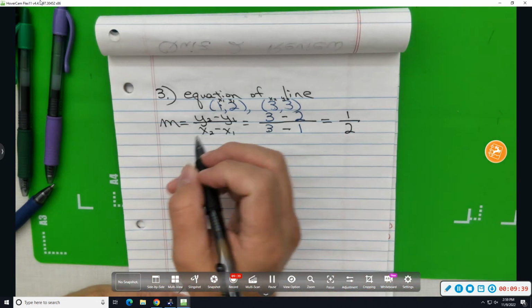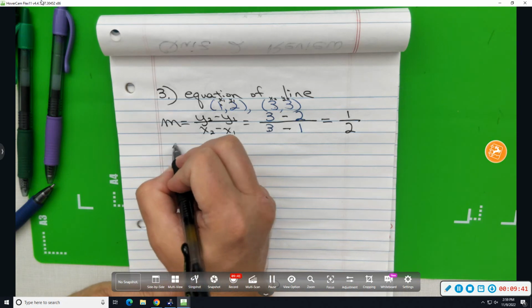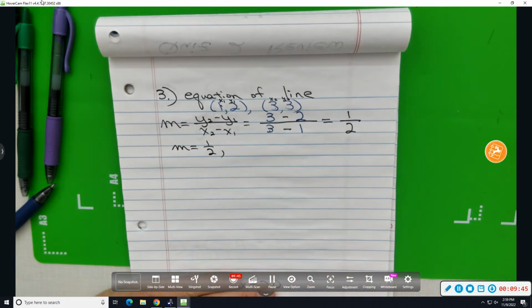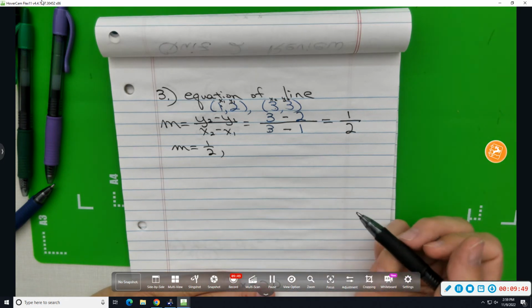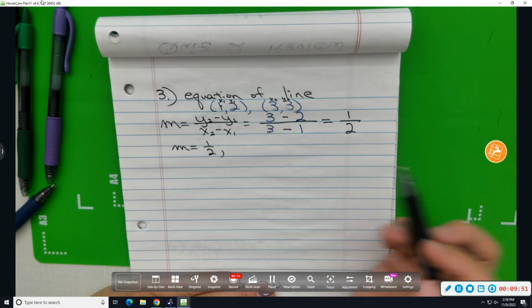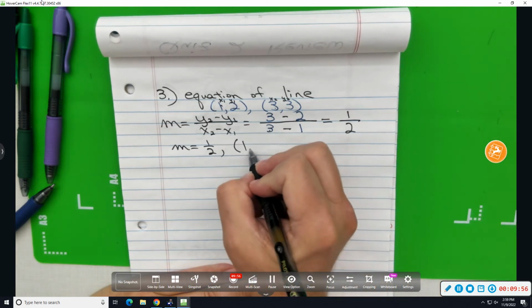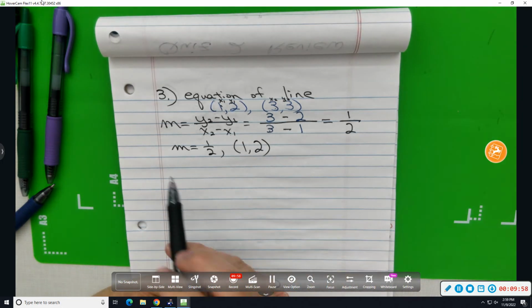So we know the slope is equal to 1/2. Let's make this like that previous problem. On number 2, you knew the slope and they gave you a point. Well, here they gave us 2 ordered pairs. I'll just use the first one, the one that has the smallest numbers. Do the same thing we did with the previous problem.